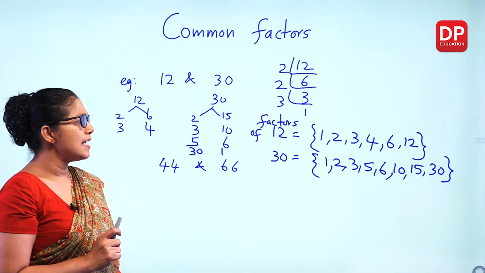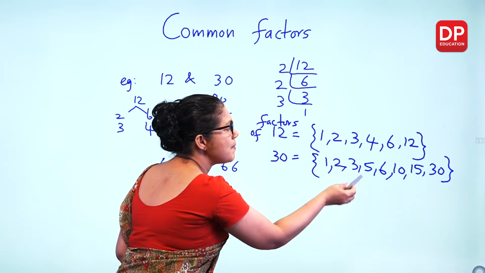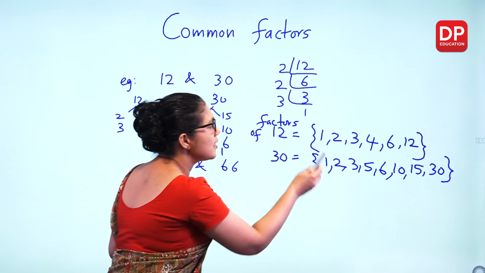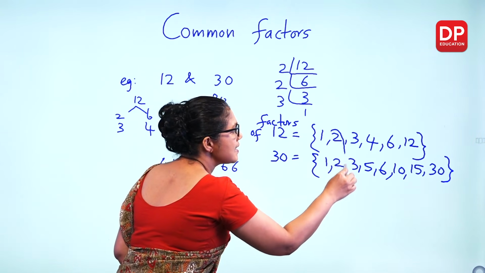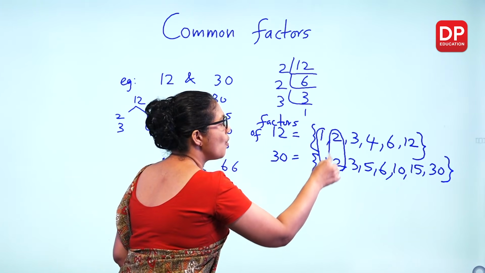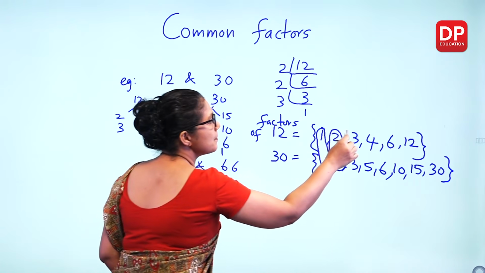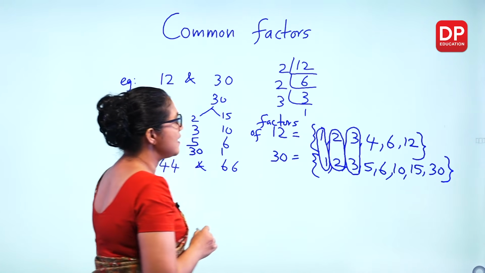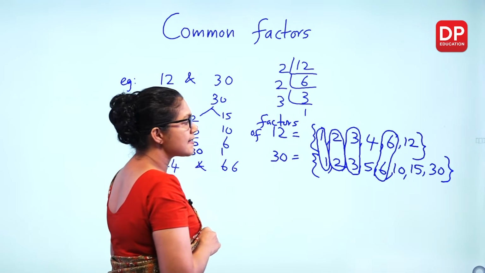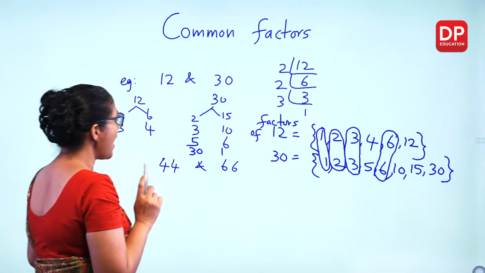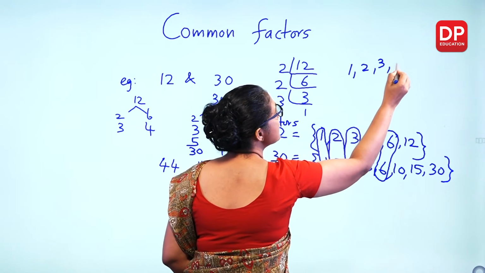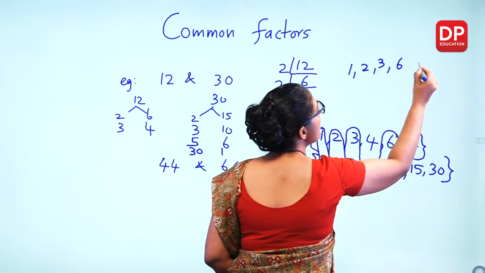Common factors means if you can see the same number in both, we call those common factors. So what are the common factors here? I can see 2 is common and also 1 is common. 3 is common. 6 is common. So here I can write 1, 2, 3, 6 as the common factors.